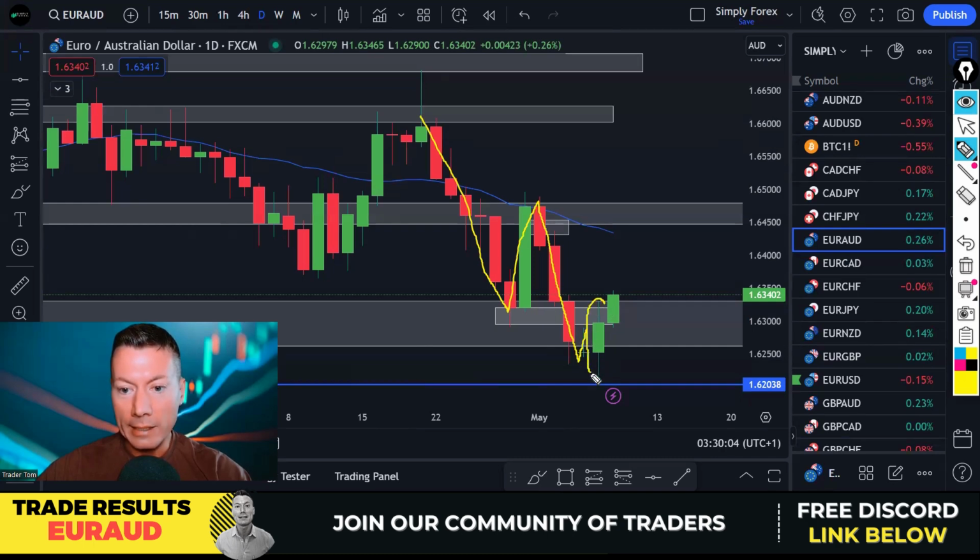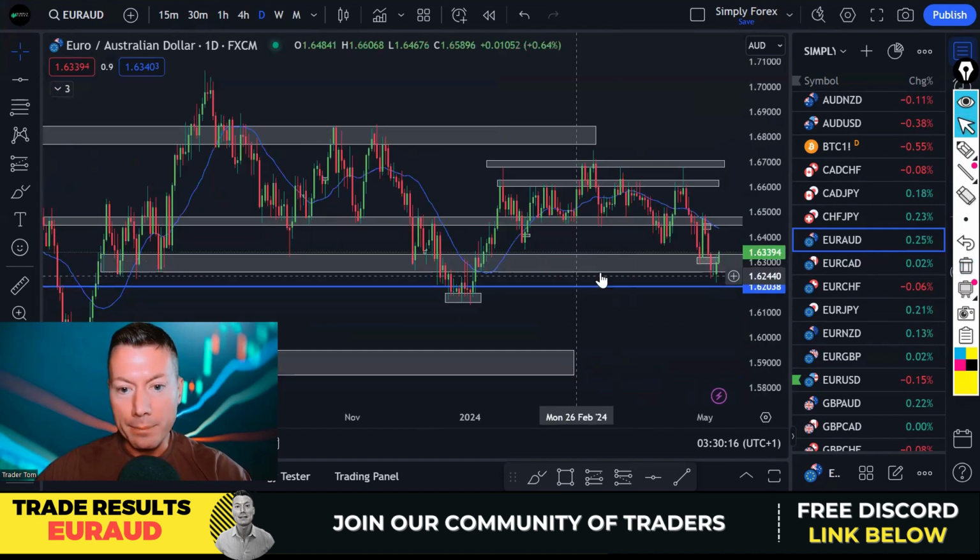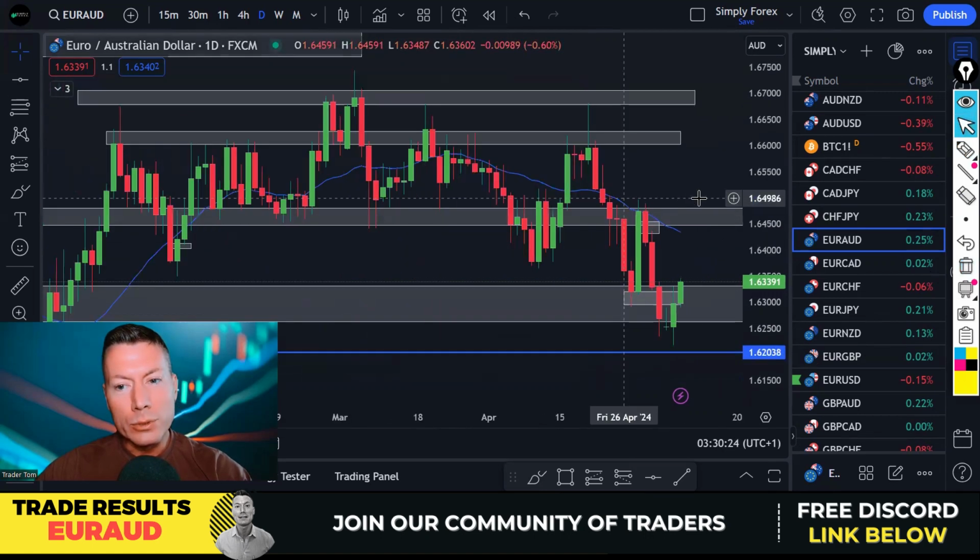Obviously, yesterday's candle was very bullish, and I'm not interested. But if you look at the candle prior to that, that was still telling me to potentially sell back down to this blue line. And this blue line was basically back down to this weekly low in here and this psychological level. And this was news, guys.